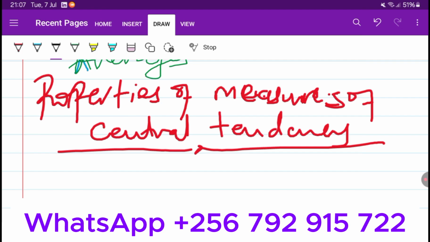We have said the measures of central tendency are the mean, mode, median, and then the weighted mean, harmonic mean, and the geometric mean.